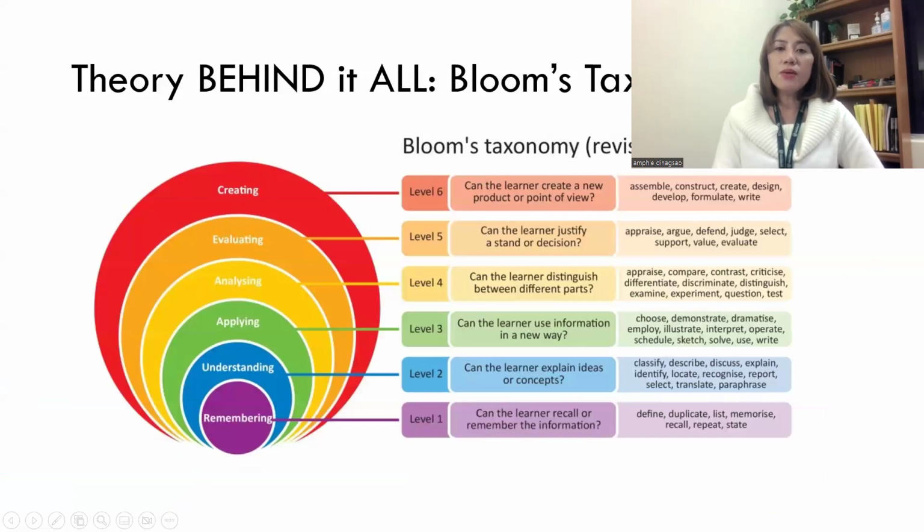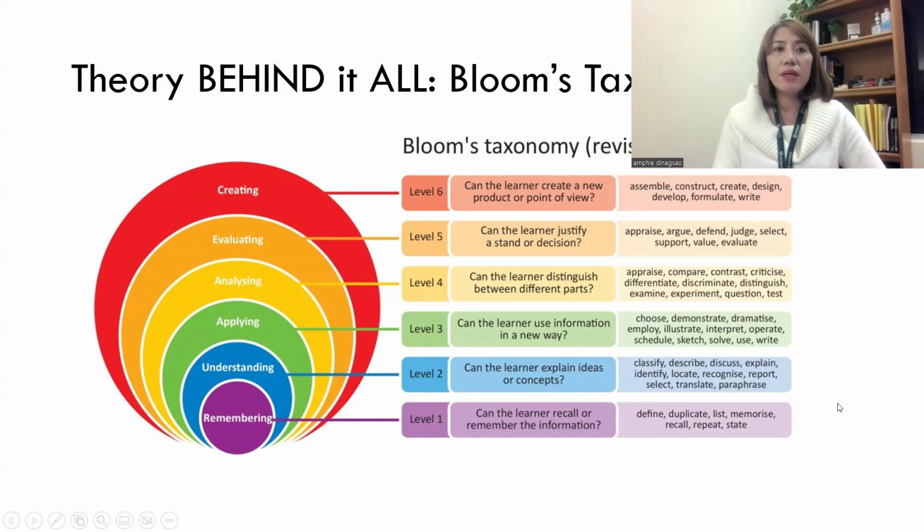These are also a very good way to determine the level of thinking you expect from students, like Bloom's taxonomy. If you say at the end of the lesson, grade 6 students will be able to define, or list, you will see that it is just level 1 in terms of Bloom's taxonomy.